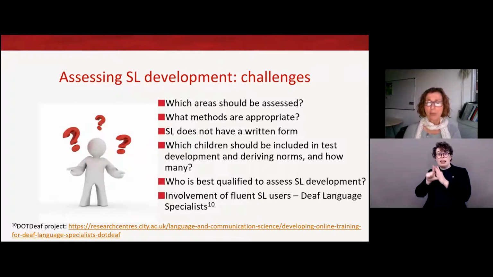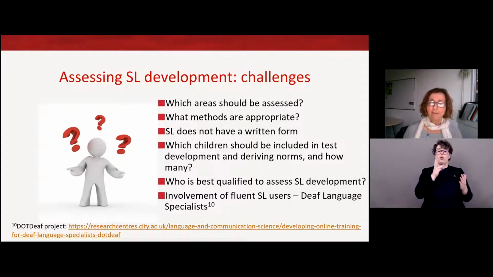What methods are appropriate? Well, a lot of methods that are used with spoken language can be adapted to carrying out assessments in sign language, but we should also look at what is unique about sign language and perhaps what traditional methods don't capture. To give you an example, often when you're looking at a child's spoken language development, you might look at a book with them or look at a picture and talk about a picture.